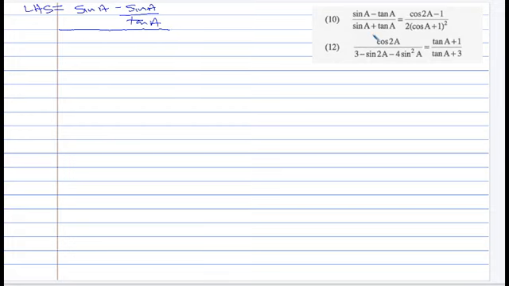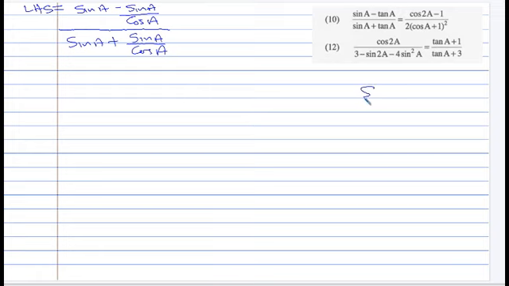The difference here is the sign only. So it's also sin A plus sin A over cos A, over cos A. There we are. And then we want to put these two together, making use of a common denominator.